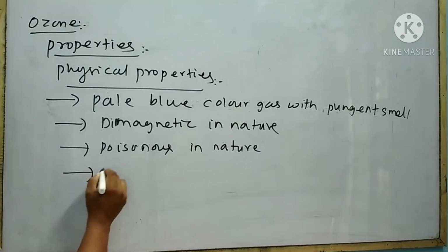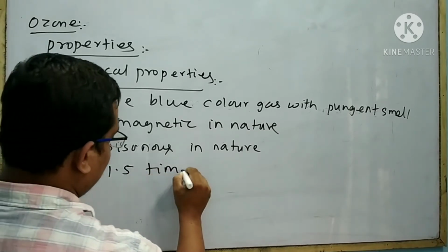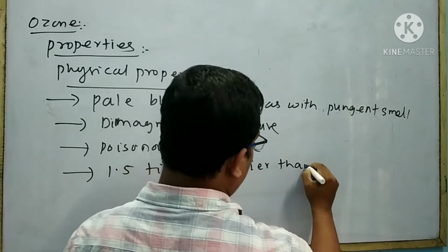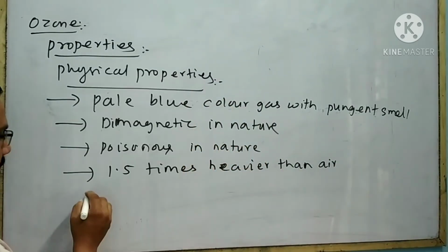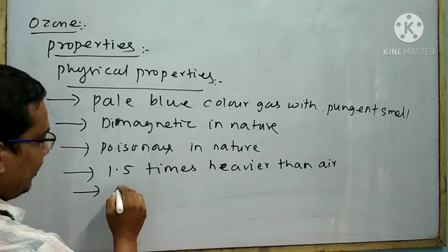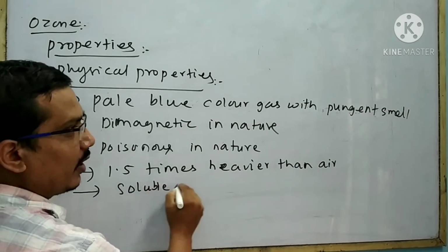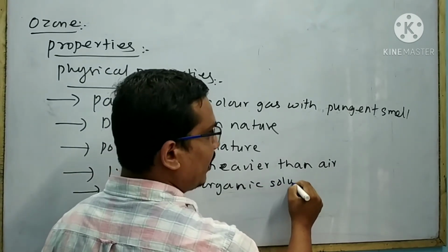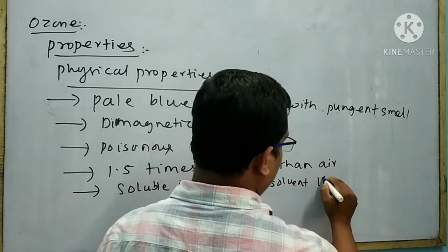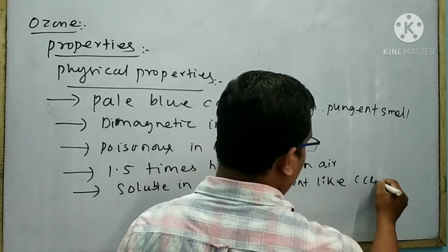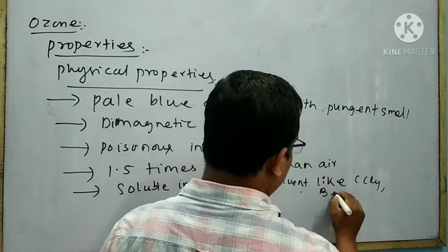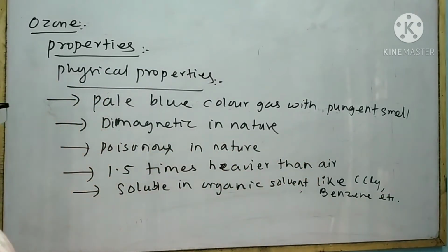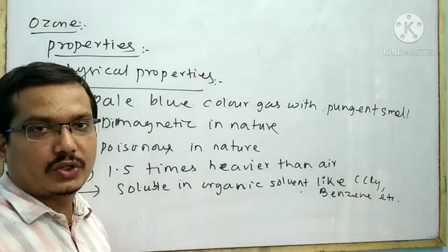Next is it is 1.5 times heavier than air. Next point is it is soluble in organic solvents like CCl4, benzene, etc. These are the physical properties of ozone.